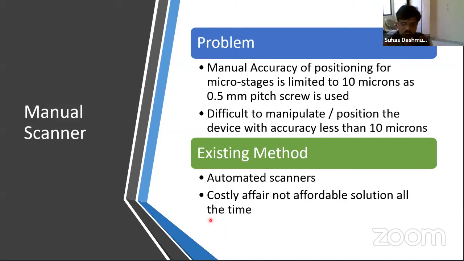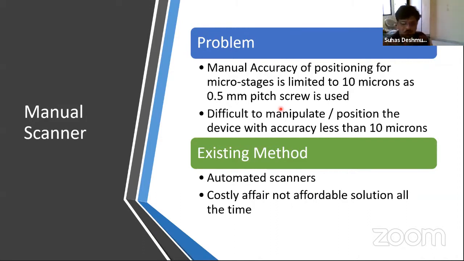Whenever we use such stages for micro applications, where I need an accuracy of 1 micron or maybe sub-micron level, we find difficulty. To avoid this, there should be a system which takes care of this, so that I can get an accuracy of around 1 micron or less.